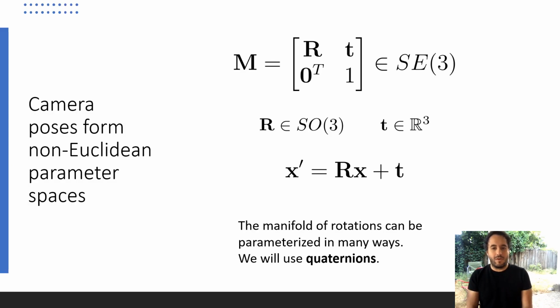So, okay, here's what a general camera pose looks like. It's composed of a rotation matrix and a translation vector, which together live in the special Euclidean group. And rotation itself belongs to the special orthogonal group. Notice that the speciality comes from the constraint that the determinant should be 1, plus orthogonality, right?